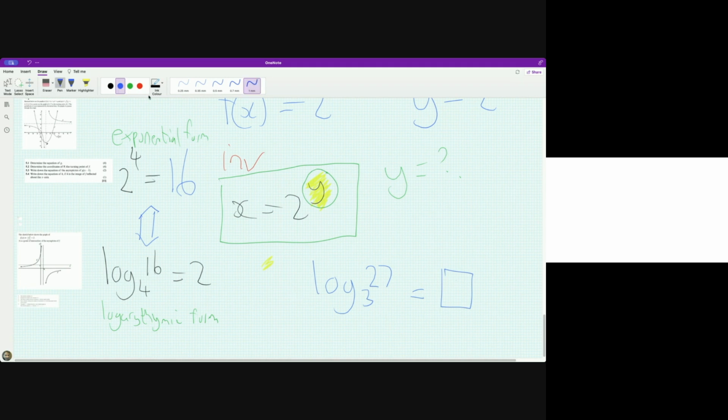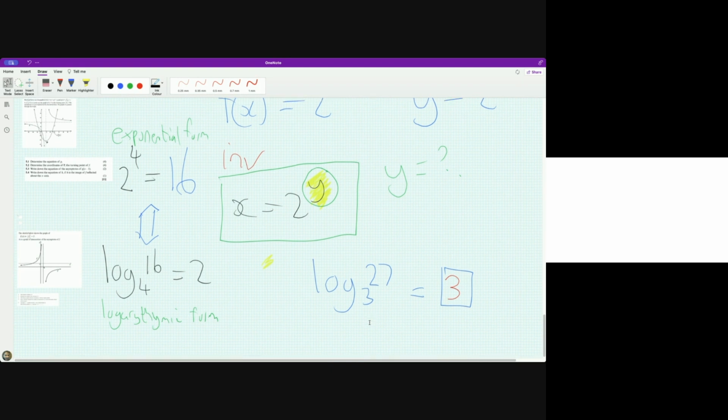So another way to think about the logarithm is, what do you need to raise the power of 3 to get 27? So 3 to the power of what gives you 27? And in your calculator, you should get 3. Did you guys get 3? Give me a thumbs up if you're there. So we're just getting kind of used to this new notation.